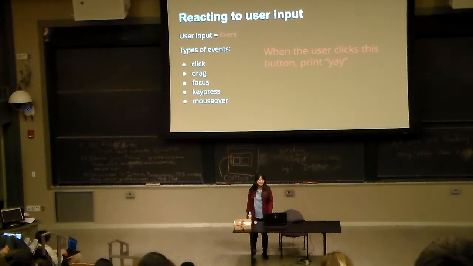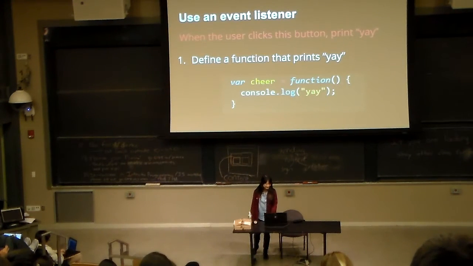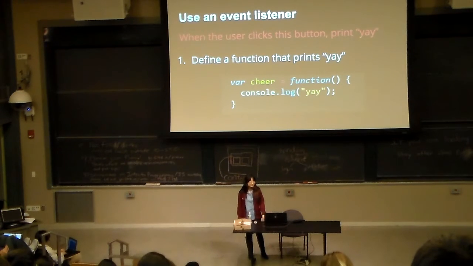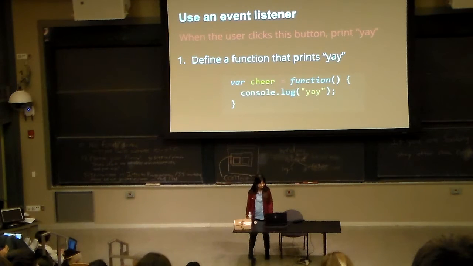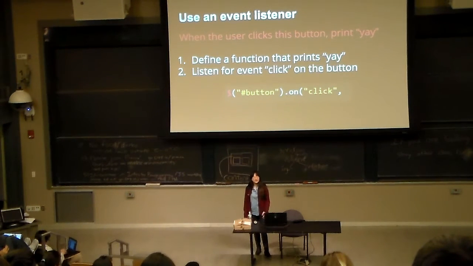So let's say you want to do this action, you want to do this reaction. When a user clicks a certain button, you want to print yay to the console. So first, you want to define a function in JavaScript that prints yay, and this is just your function. And second, you're going to say, when I hear the click event on this button.